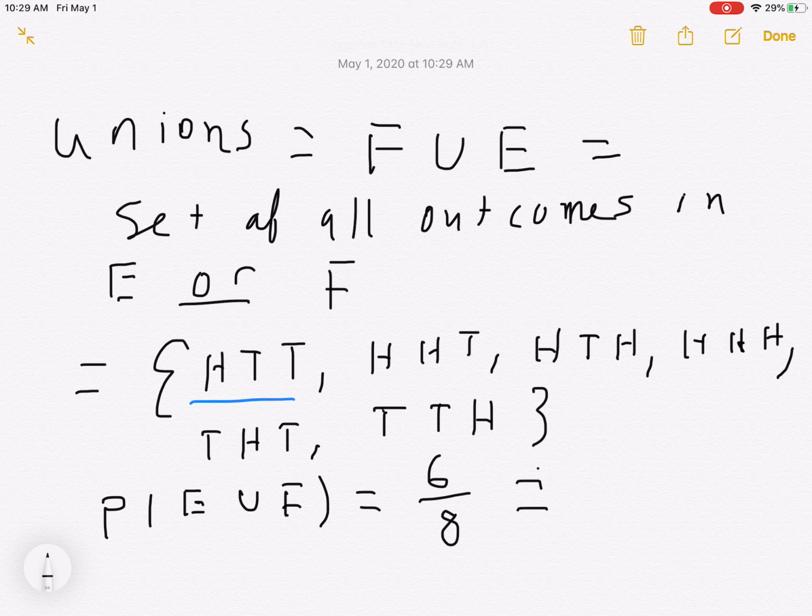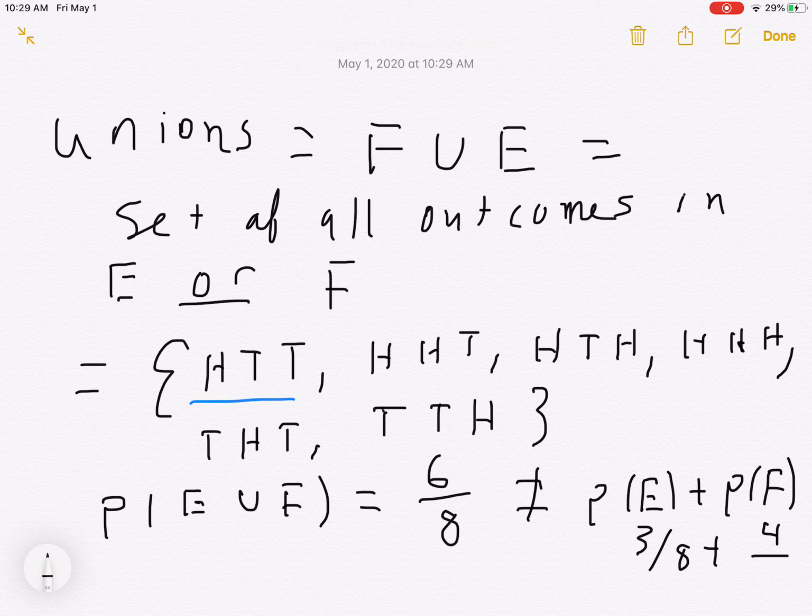Notice that this is not equal to probability of E plus probability of F. Probability of E, that was 3/8. Probability of F, that was 4/8.